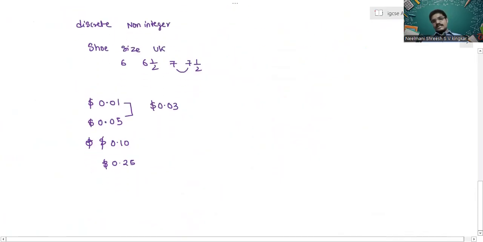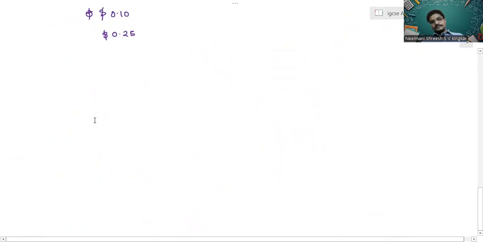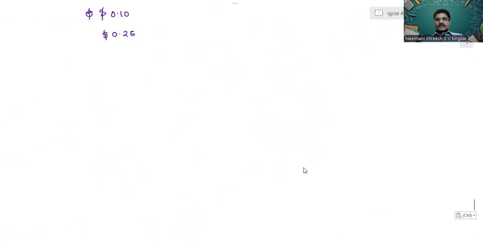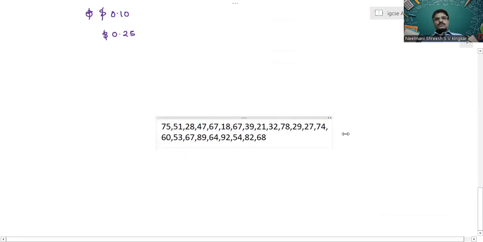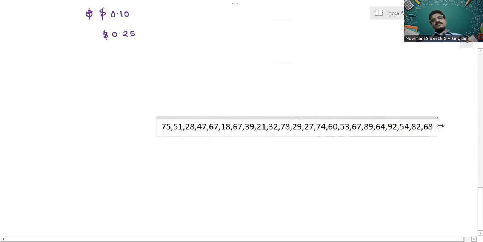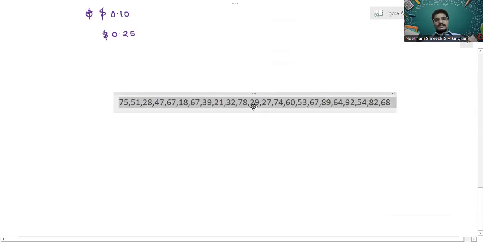Let's come back to the same thing that we were talking about, that was the scores. If I just show you those scores again, random scores don't make any sense, right? So a good way is to first identify the data. This is a discrete data, right? So one of the ways of representing discrete data is a stem and leaf.